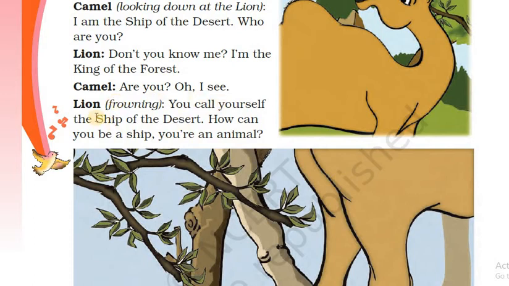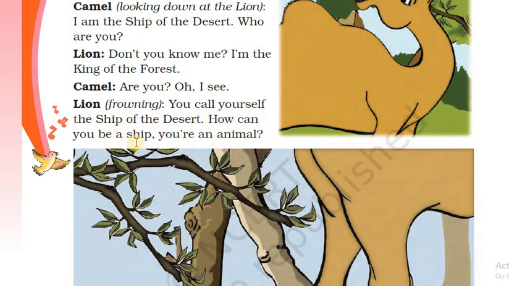Okay. Lion frowning. Frowning, that means making faces. "You call yourself the ship of the desert. How can you be a ship? You are an animal." Lion face बनाते हुए camel से पूछता है that you are calling yourself ship of the desert. Here you can see, you call yourself the ship of the desert.